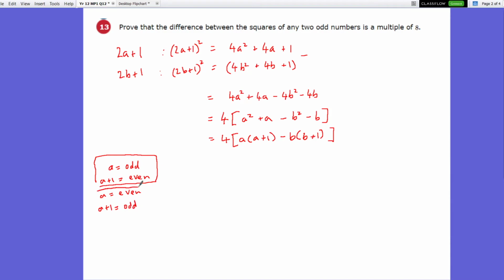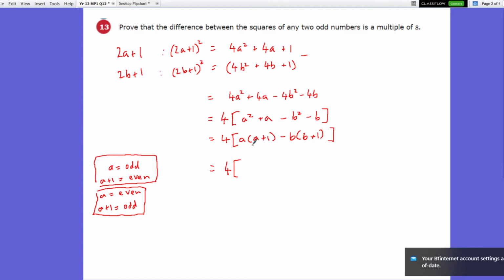So either way, even times odd or odd times even, I'm going to end up with an even. So that's going to say, a times a plus 1, because of this reasoning here, is going to end up as an even number. So that's a multiple of 2.